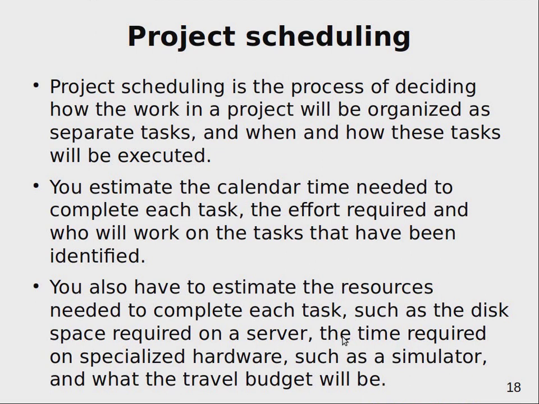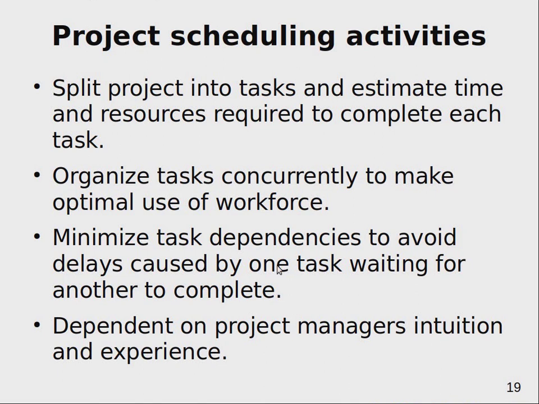So tasks should represent actual activities, not some theoretical abstract process. And you should also check for resources needed. And how do you split these tasks? First, you need to estimate what time and resources are needed for it.